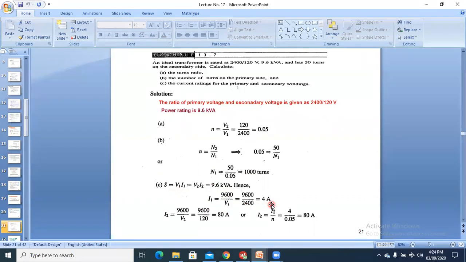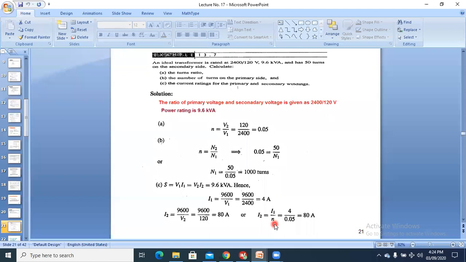Either we calculate V2 I2 equal to 9.6 kVA, substituting the value of V2 to find I2, or we use the turn ratio. First we use V2 to calculate it, which gives 80 ampere, because the voltage at the secondary side is 120 volts.